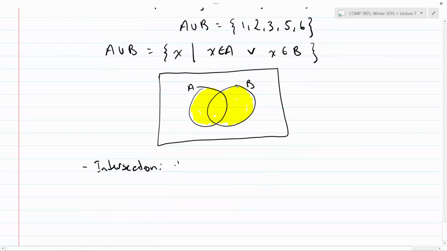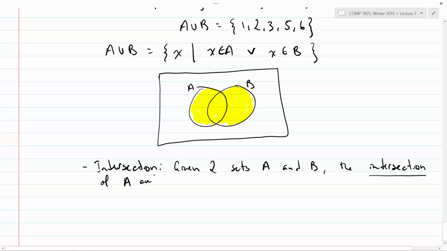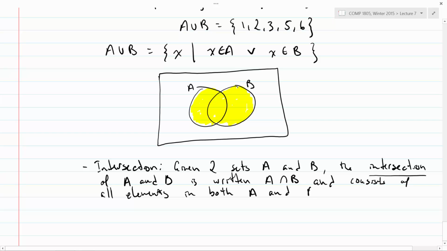So given two sets A and B, the intersection of A and B is written A cap B. So it's an upside down union symbol, if you like, and it consists of the elements that are in both A and B.